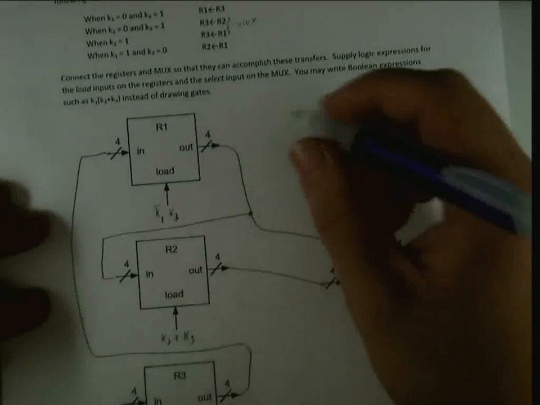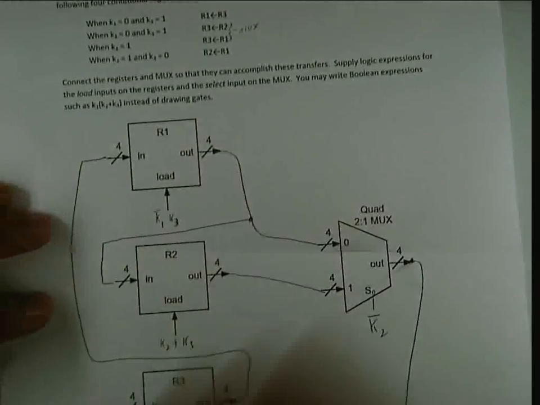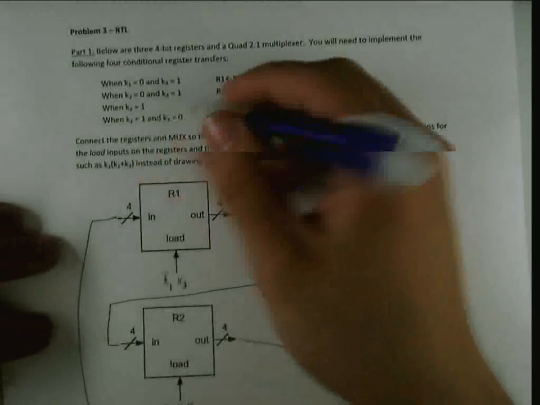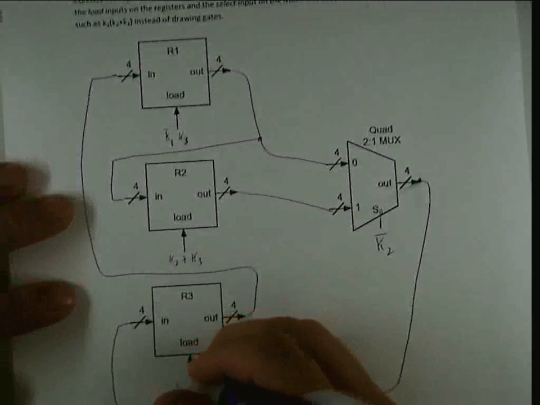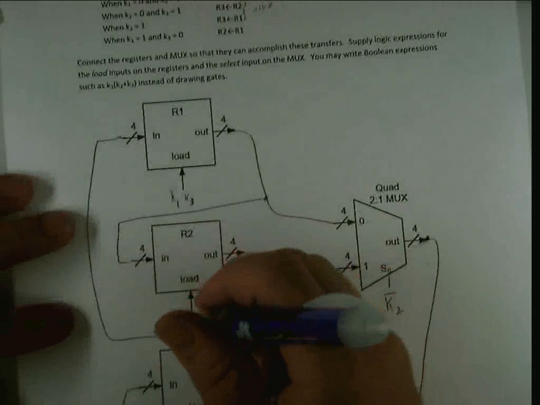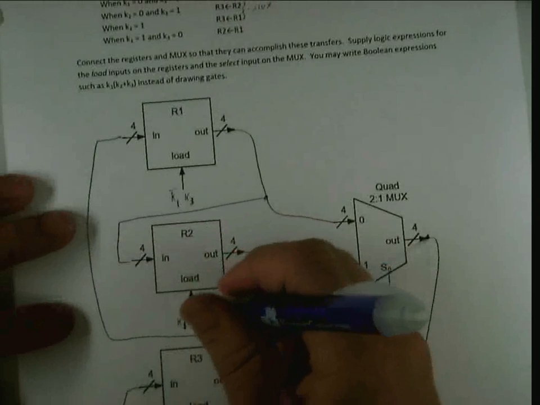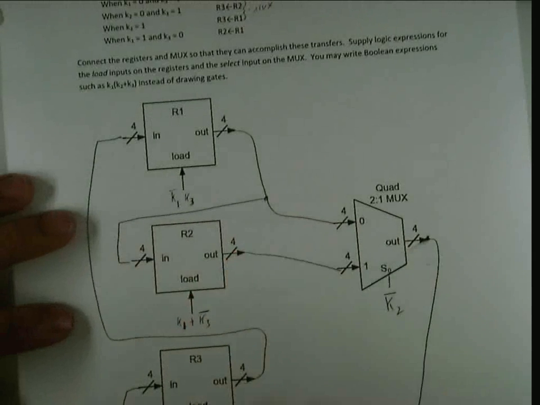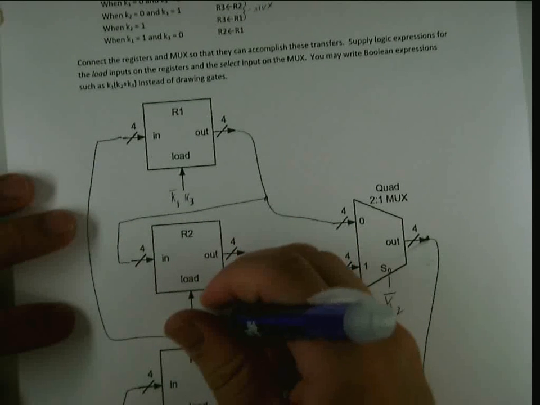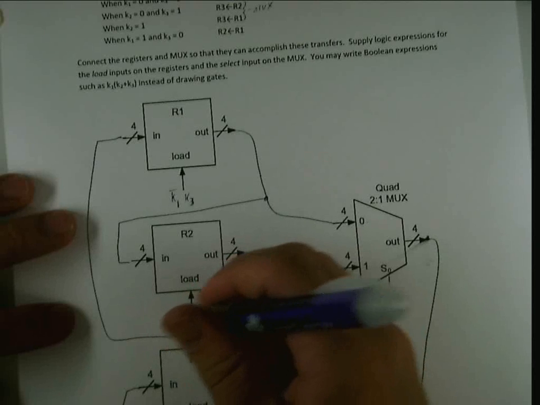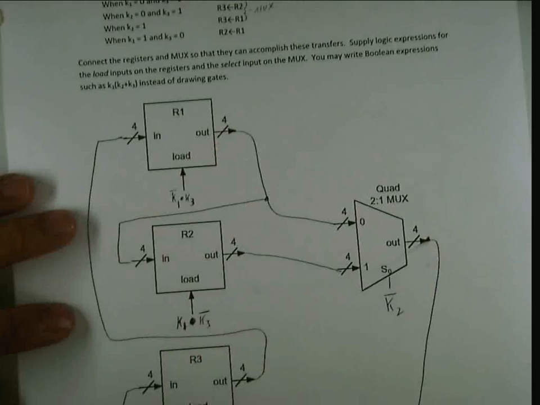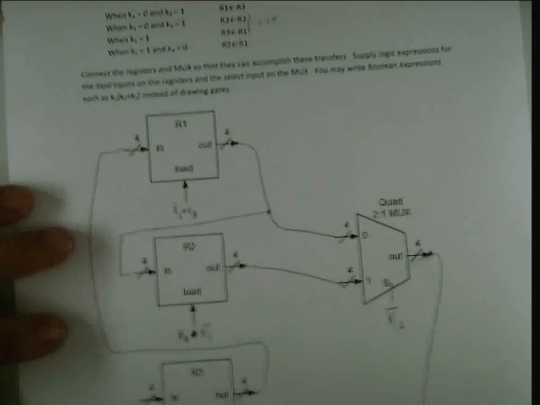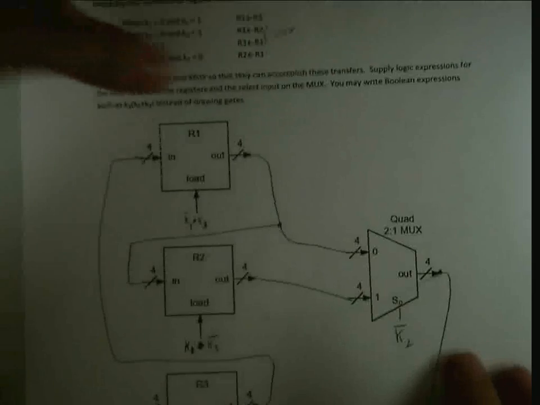And then this is K1, K3 bar. Oh, oops, this is K2, I wrote this on the wrong one. And this one is K1, K3 bar, and this is an AND. So K1 and K3 bar. And that completes part 1.